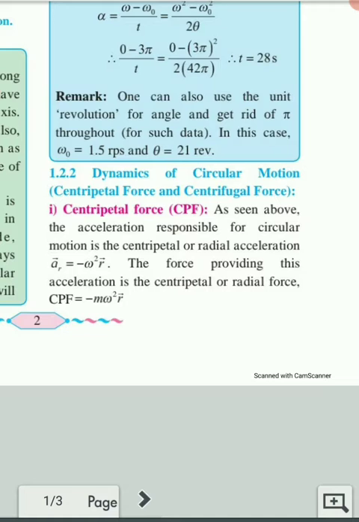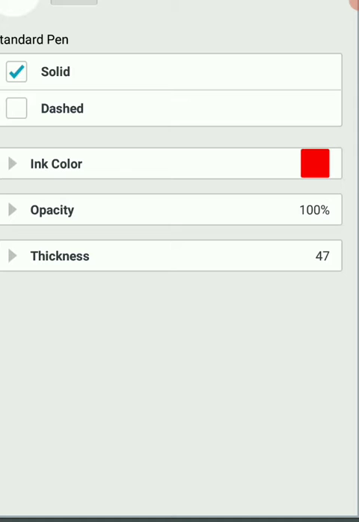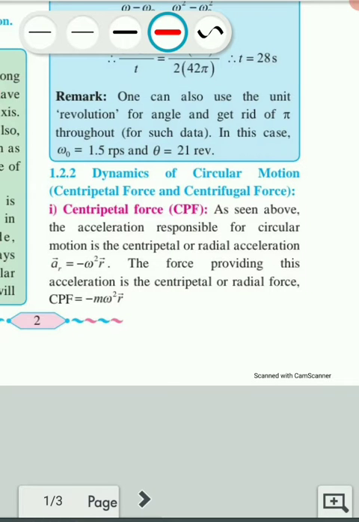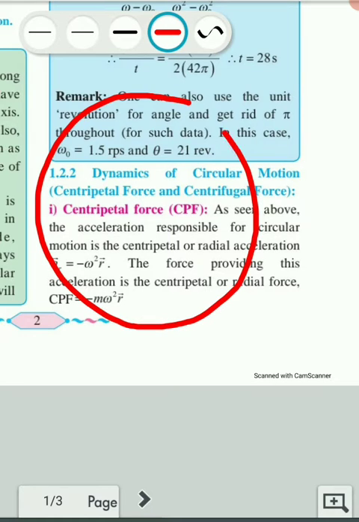In this point, first we will know about the centripetal force. Okay, we consider circular motion of any object.